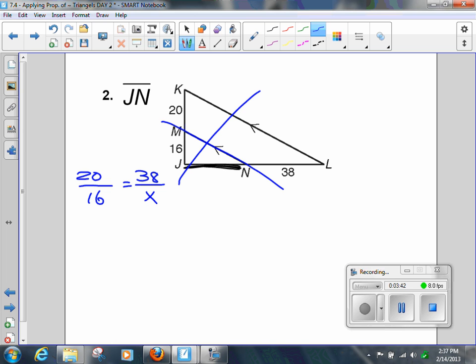You always have to cross the... Here it is. 20 over 16 is equal to 38 over x. Because your equal mark is here.